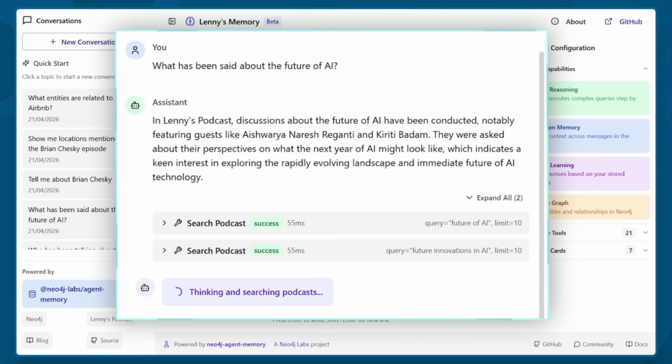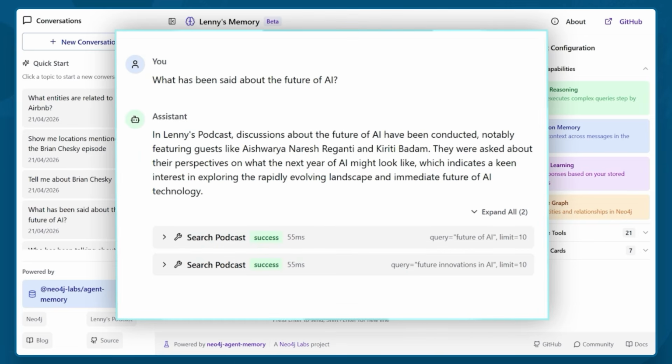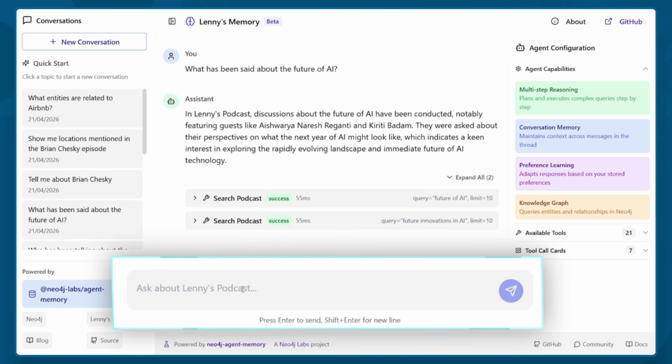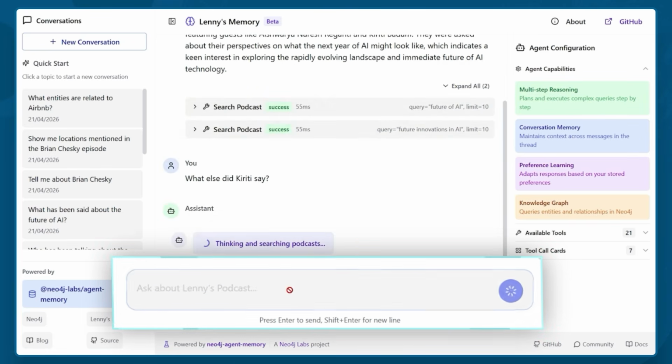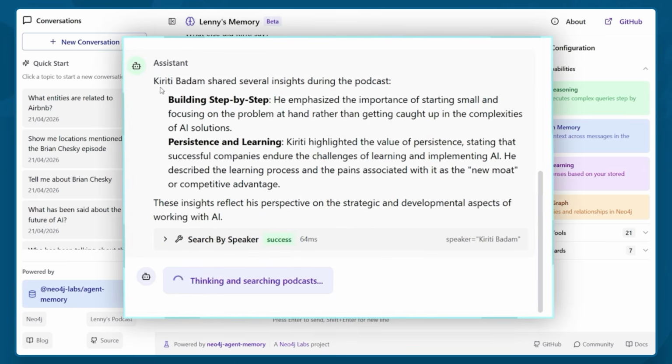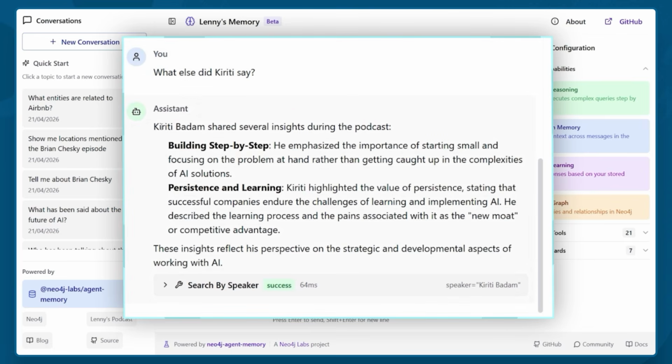We can see Lenny's podcast discussions about the future of AI have been conducted, notably featuring guests. Now, the agent has access to all of the conversations stored in memory, so we can explore other related conversations, such as, what else did Kiriti say? And it's going to use its memory to explore what Kiriti said about other topics.